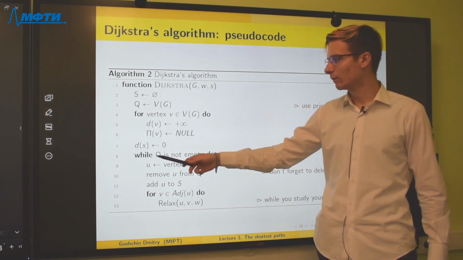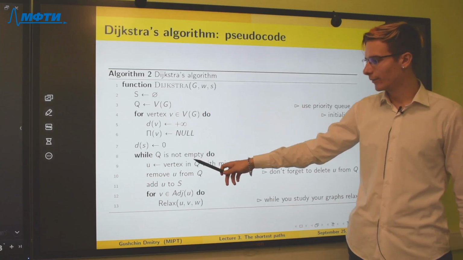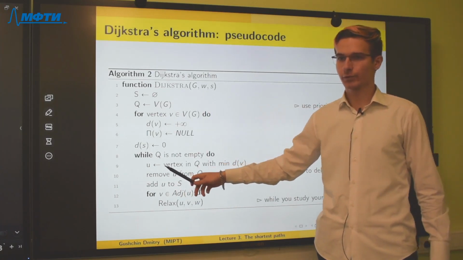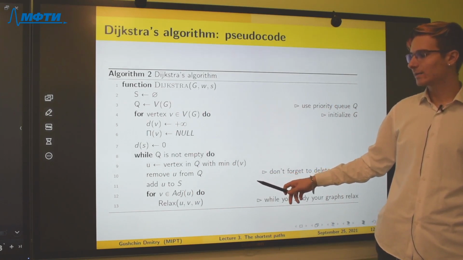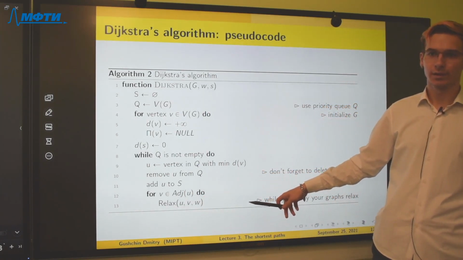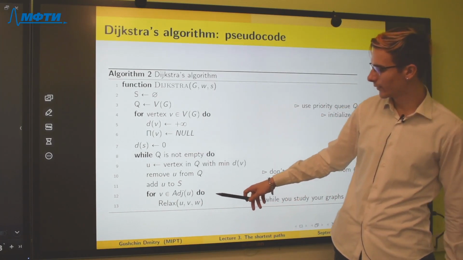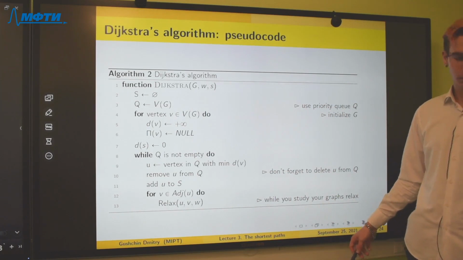Then, while our Q is not empty, we extract vertex U with the minimal distance, and then we relax all the incident edges to it.